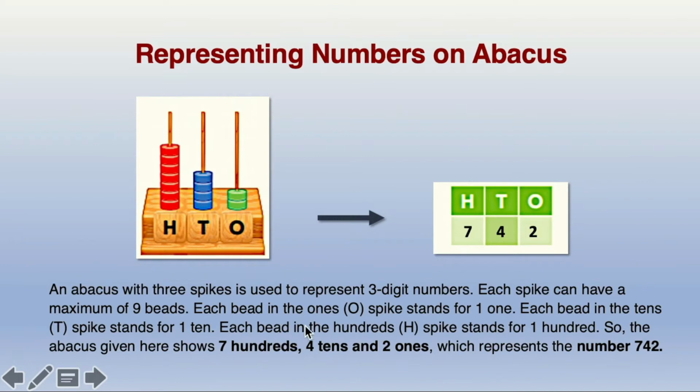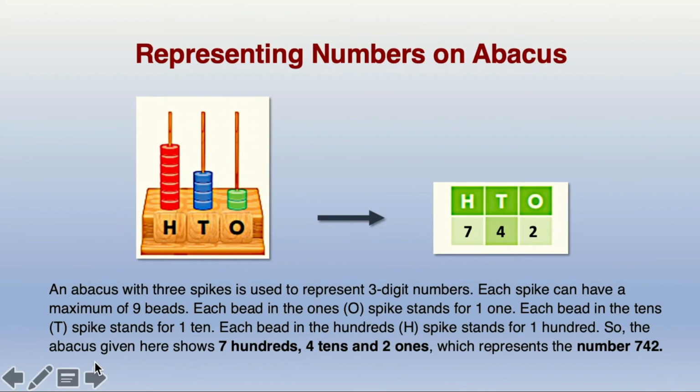Then each bead in the hundreds spike stands for 100. So over here we have how many hundreds? How many beads? So 100, 200, 300, 400, 500, 600 and 700.